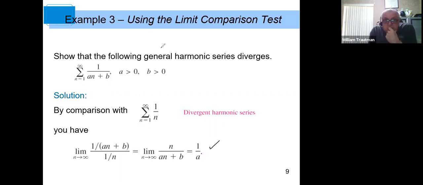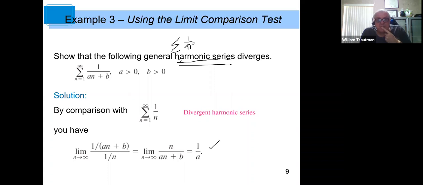And if you remember from the P-series test, let me write the P-series test again: 1 over n to the p. What makes a P-series harmonic? That was a question from 7.3.